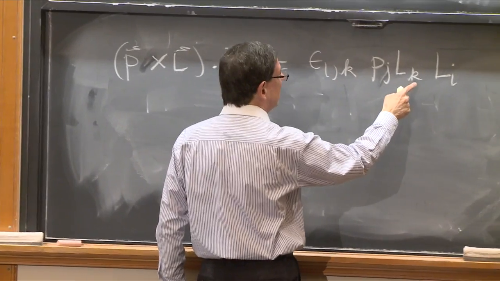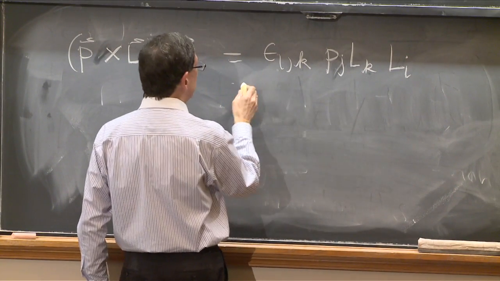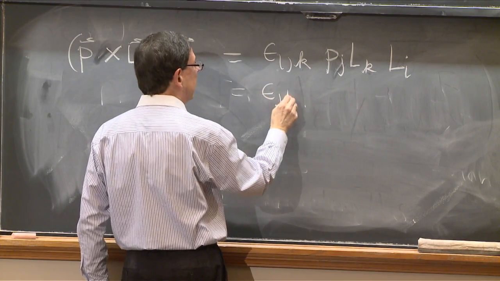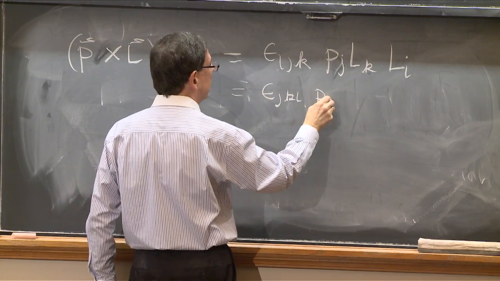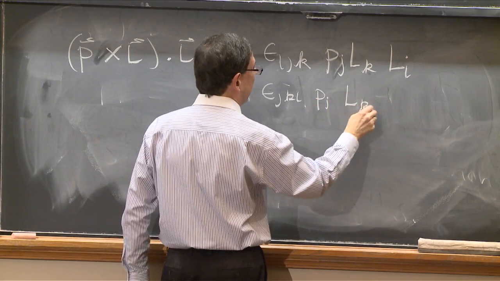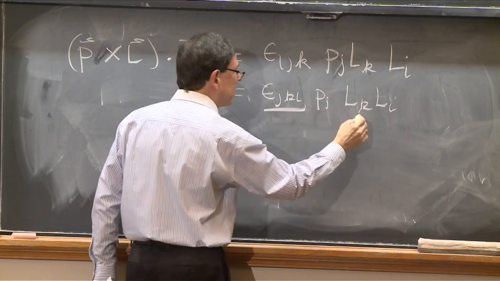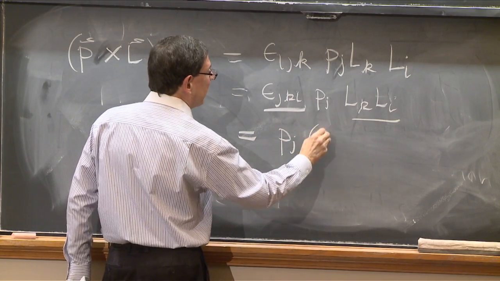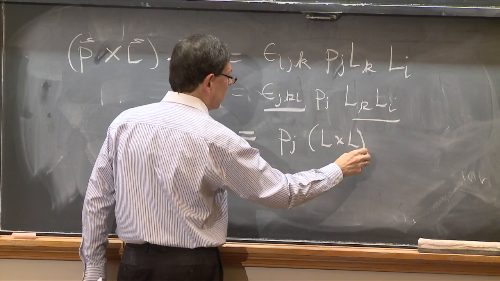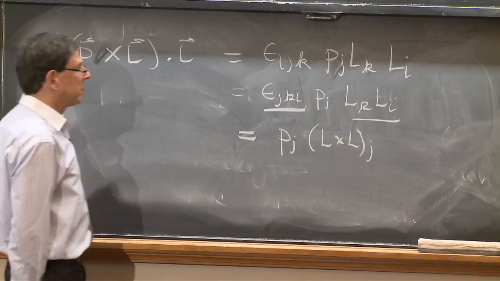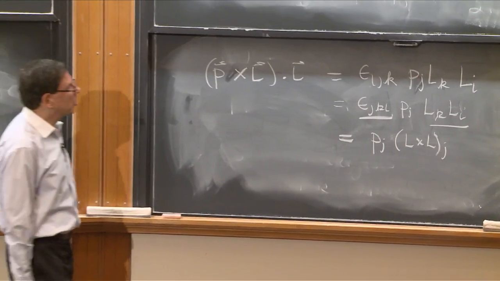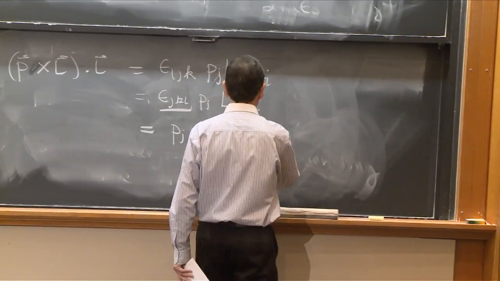So what do you have in here? Let's move the i to the end of the epsilon. So epsilon j k i, p j, l k, l i. And now you see this part is p j times the cross product of L with L. But what is L cross L?